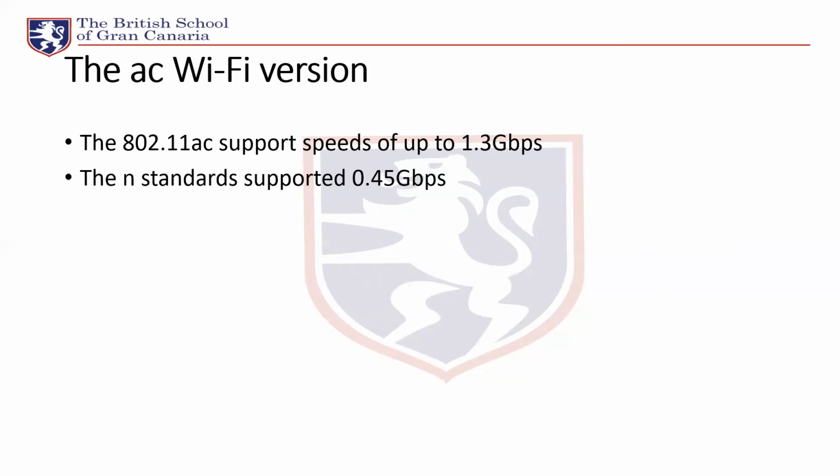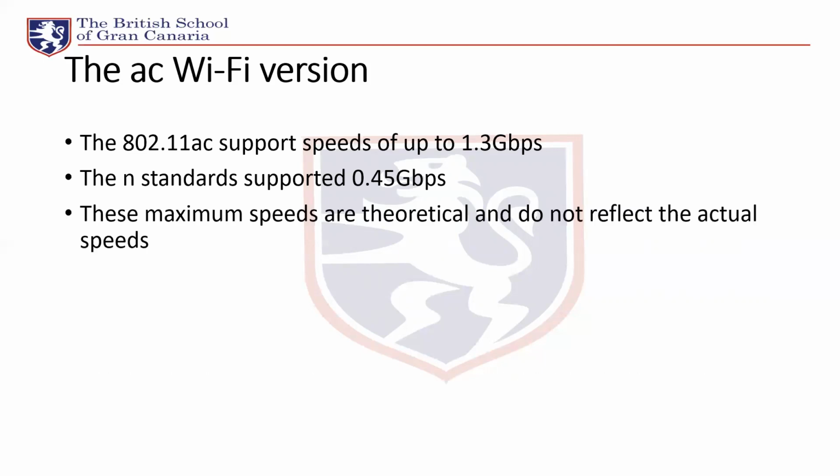And the N standard supported 0.45. So you can see there's been a massive jump, and Wi-Fi has become quicker. So more things have become popular, such as Netflix and other various sites where you can make videos and upload videos. So these maximum speeds, although they are theoretical, don't reflect the actual speed.